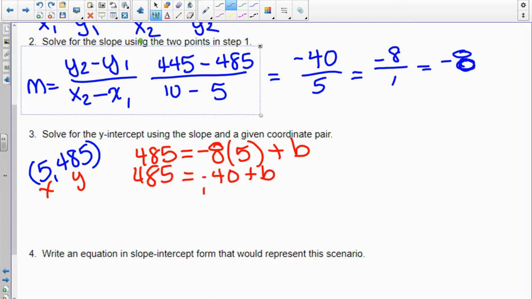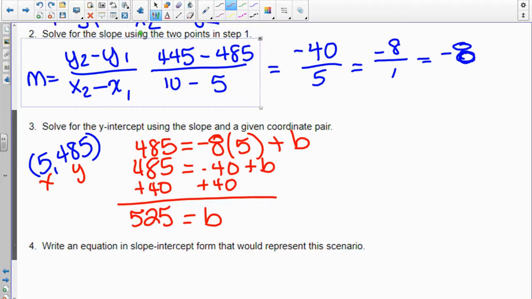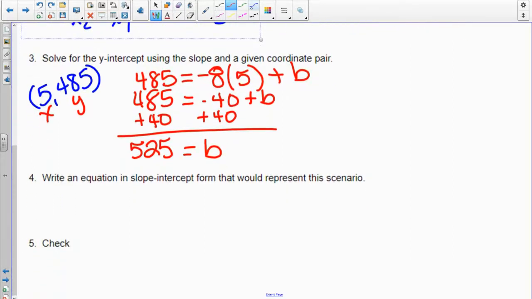To get rid of -40, we're going to add 40. So 485 plus 40 is 525. So Christian had 525 cards in his collection. So write the equation. Y equals -8 times x, the number of friends, plus the 525 cards he had at the beginning.